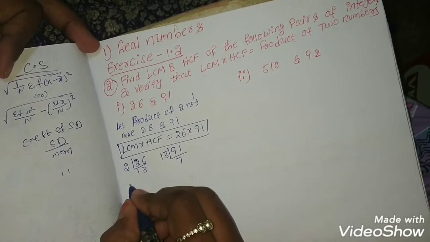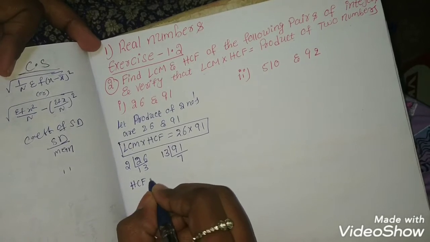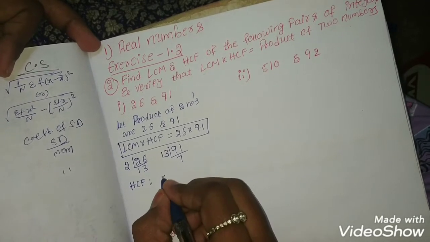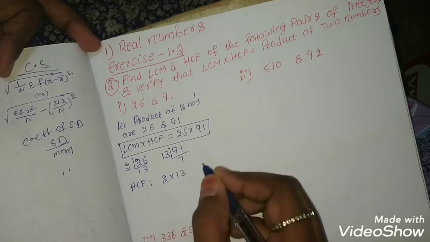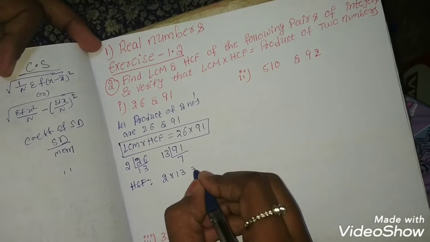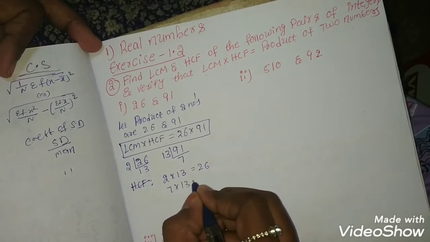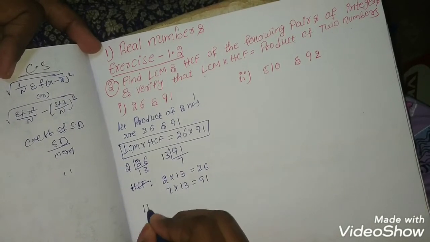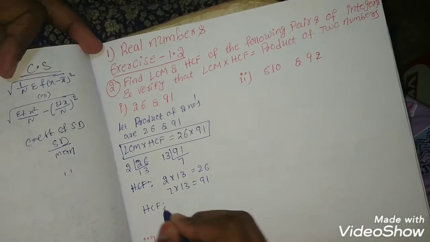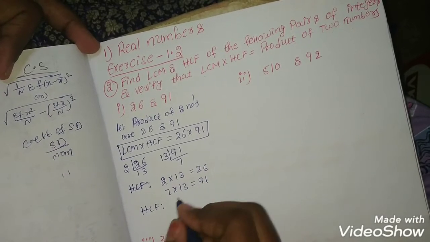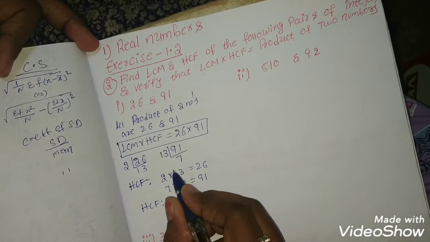Okay. Now to find HCF: 2 into 13 is equal to 26. 7 into 13 is equal to 91. To find HCF by the prime factorization method, which one is common here? 13.